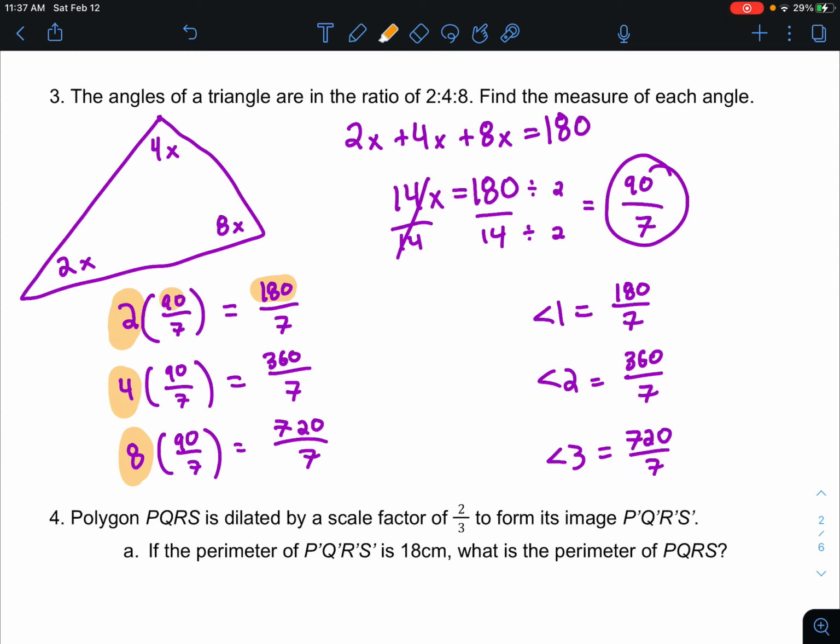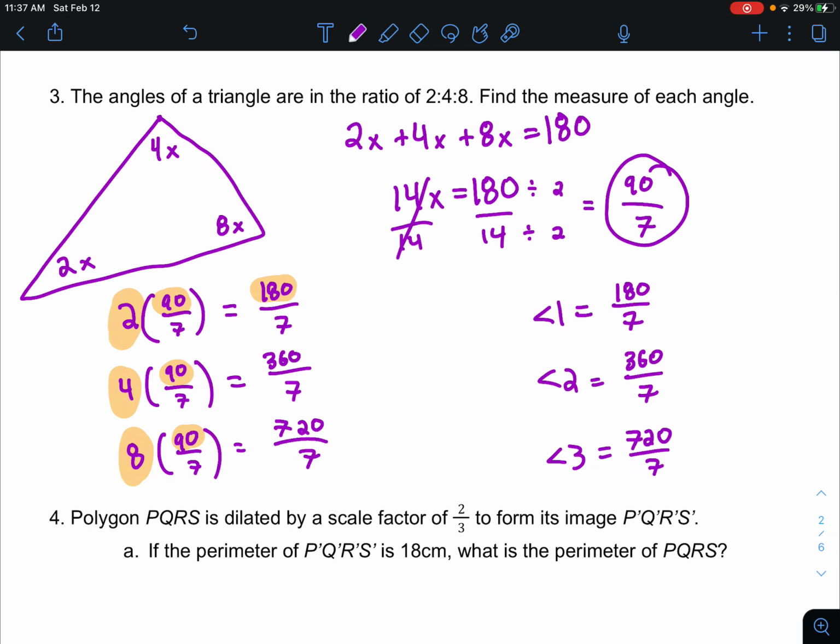We haven't changed this 90 in any such way that we've incorporated a 7, right? Same thing with our 4. 4 times 90, well, 90 has no factor that is 7, and adding in the 4 as a new factor doesn't help us out at all. And same thing with 8 times 90. So that is sort of how I know that those should not simplify.